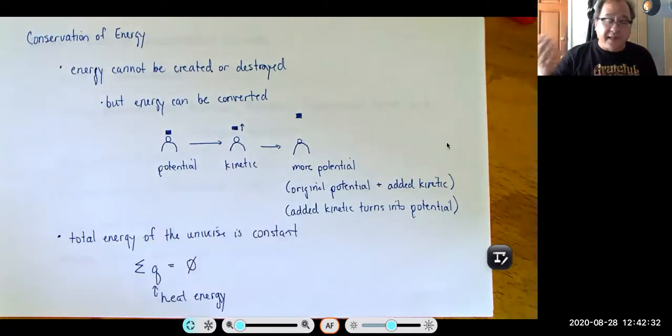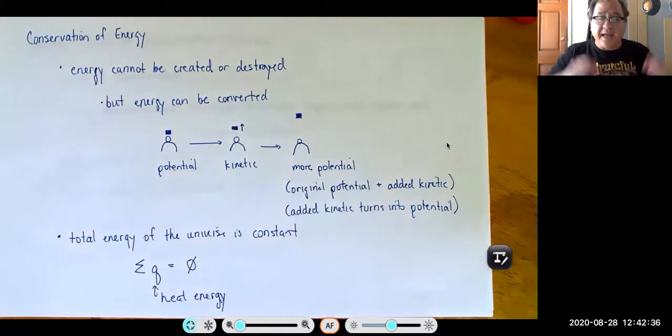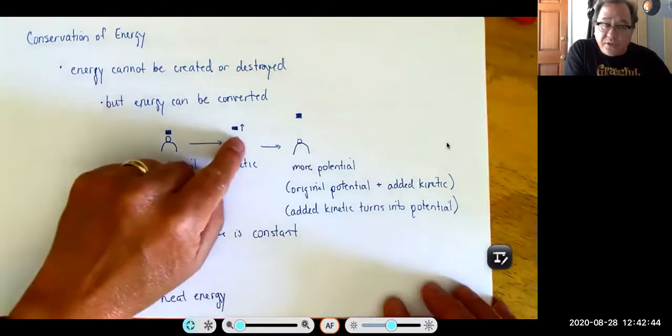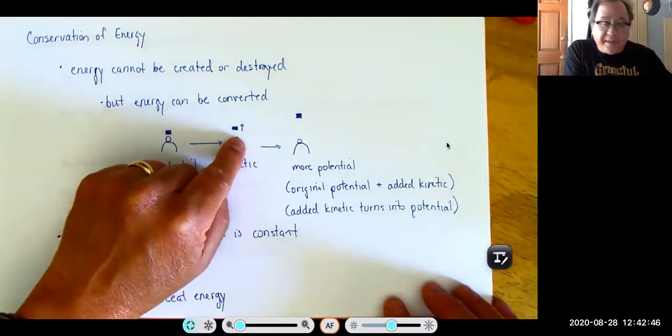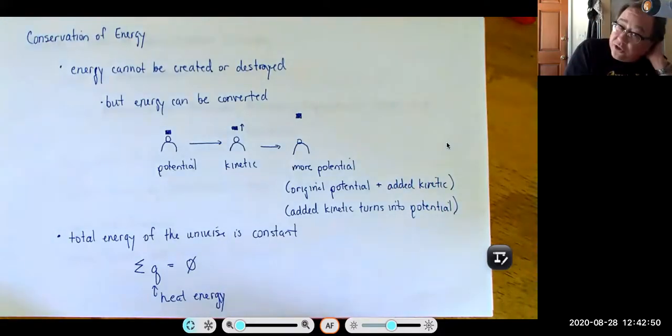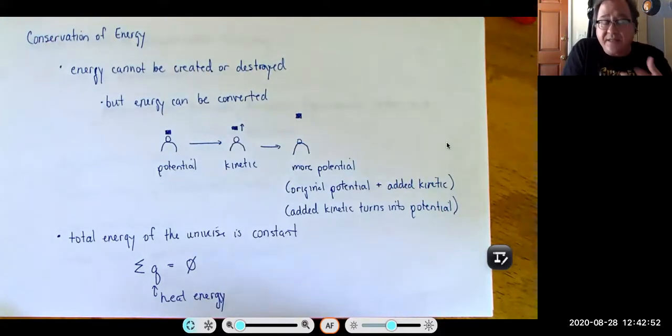When it's moving, that's kinetic energy. And when the book is higher above the person's head and no longer moving, it now has potential energy again, but more potential energy. The amount of kinetic energy you put into the book ends up being the more potential energy that you have in the book. So you can turn potential or kinetic into potential, and you can also turn potential into kinetic.